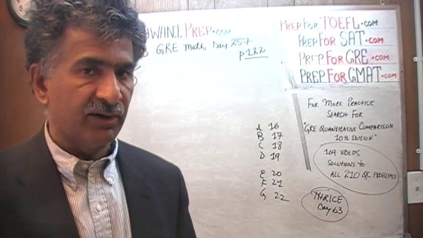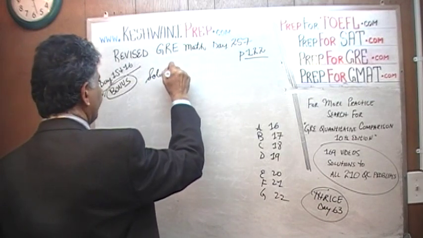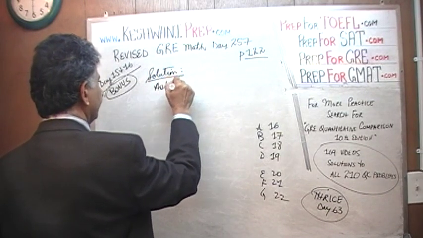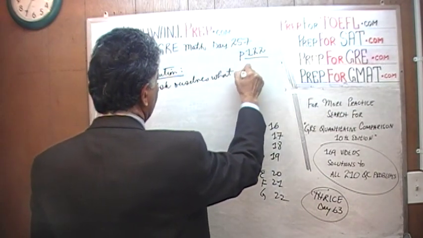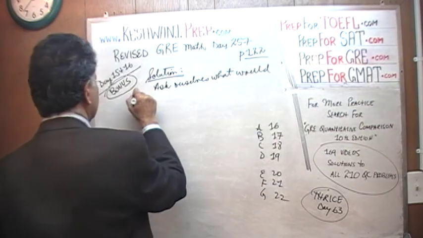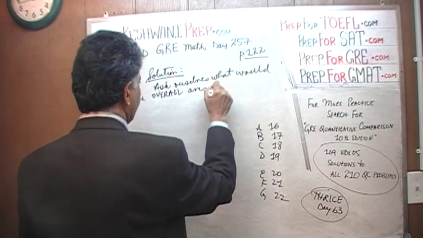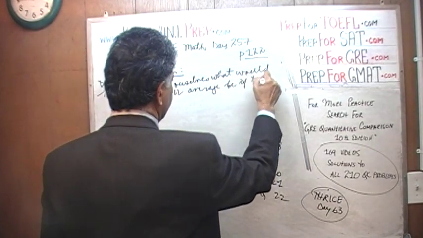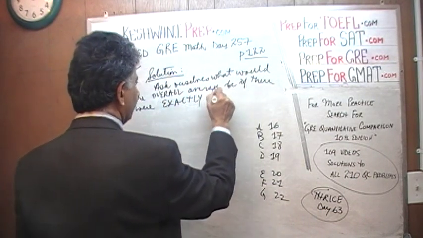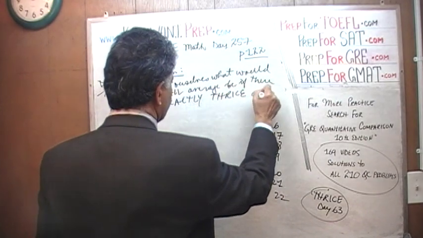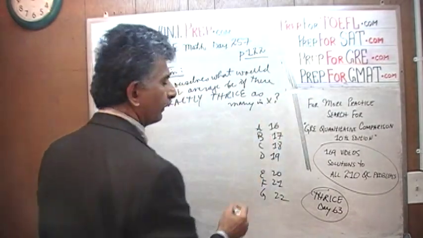We are told that there are more than thrice as many people in X, but let's ask ourselves, what would the overall average be if there were exactly thrice as many in X? But that's pretty straightforward.